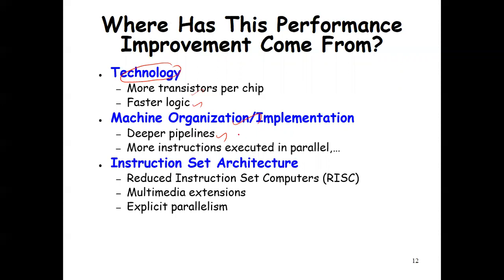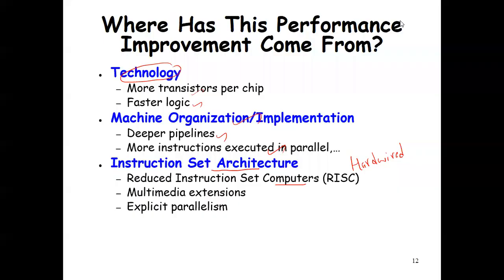Also, by executing more instructions in parallel. If you have more functional units, then more than one instruction can be executed at the same time. And also by using a different instruction set architecture, which is called RISC architecture. By using RISC architecture, we'll be using hardwired control. As we have already discussed, with hardwired control more instructions can be executed, right?